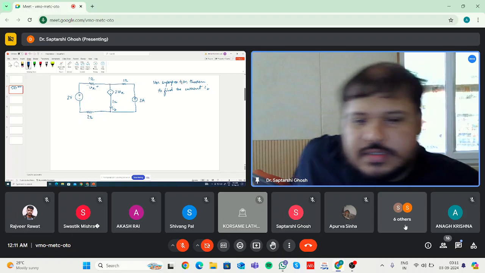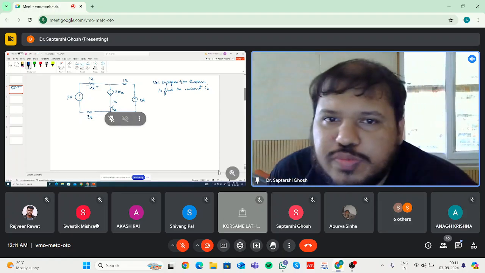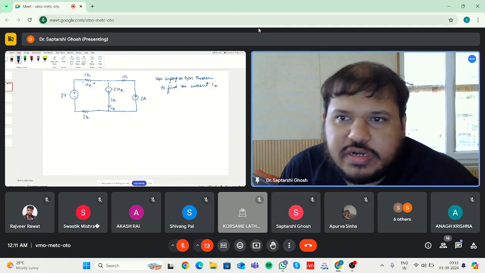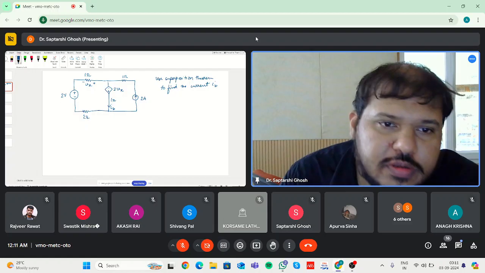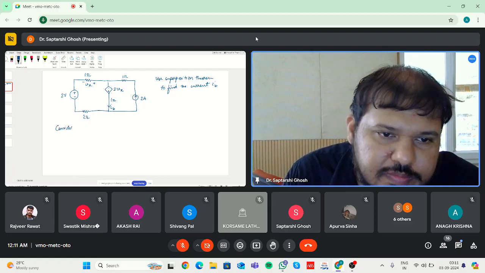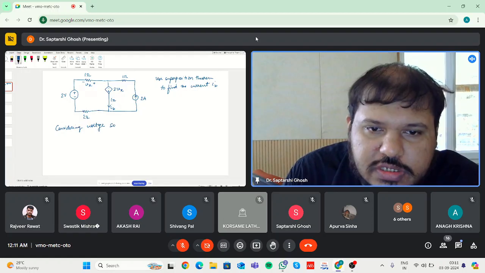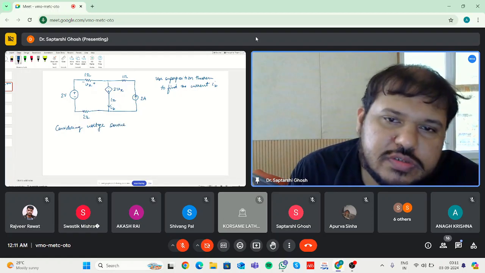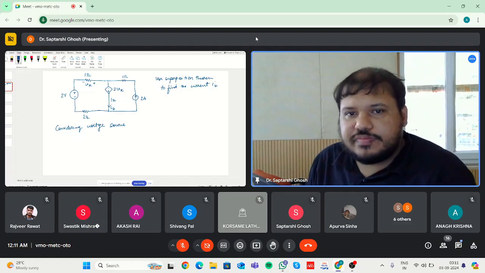How will you solve this? Now the superposition theorem means you have to take these sources one by one. Okay, so considering the voltage source first, considering voltage source only, that is the independent voltage source, you have to deactivate the current source.